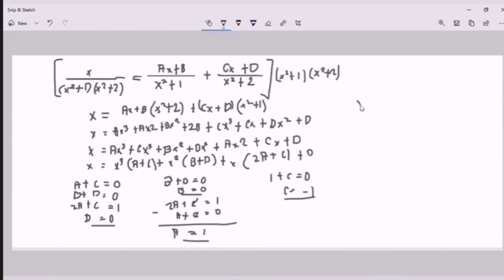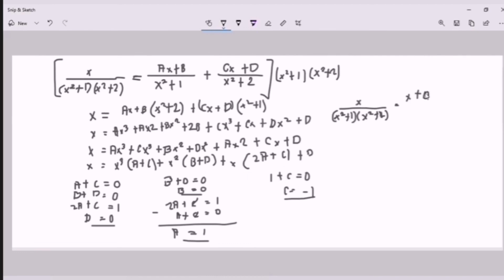So since we already have our values for a to d, we could now solve for the partial fraction of x all over the quantity of x squared plus 1 multiplied to x squared plus 2. So let us just substitute the values for a, b, c, and d.